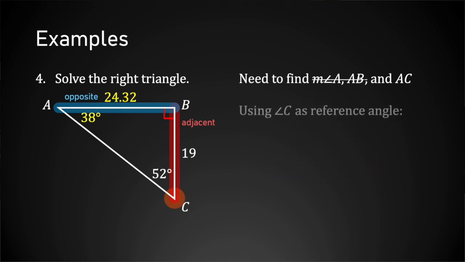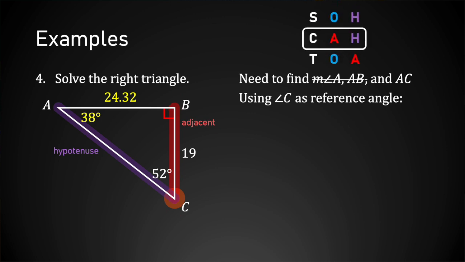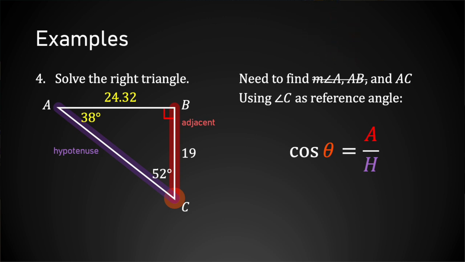Now we'll find AC. So now the side I'm looking for is the hypotenuse, and the one I'm given is the adjacent. SOHCAHTOA tells us that cosine is the one to use for adjacent and hypotenuse. So cosine of theta equals adjacent over hypotenuse. Filling in what I know, theta is 52 degrees, adjacent is 19, and hypotenuse is AC.